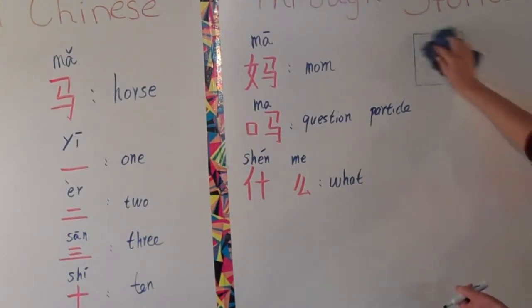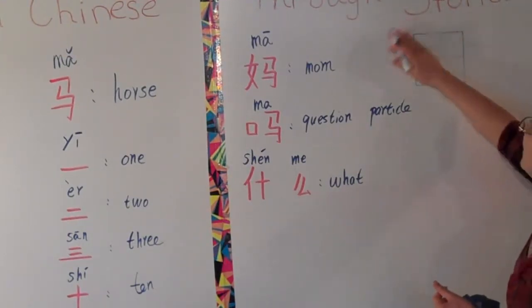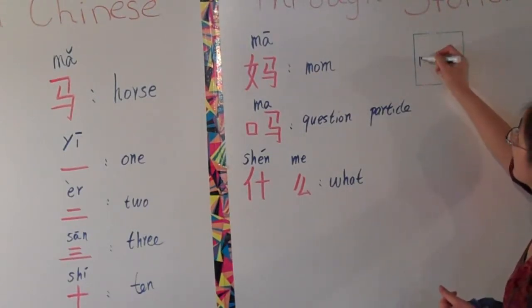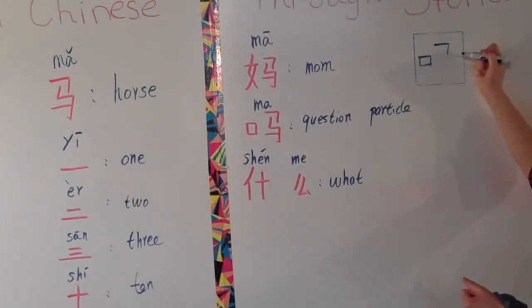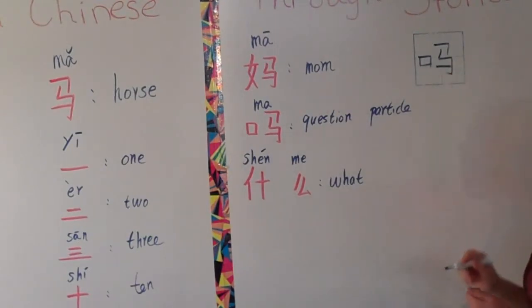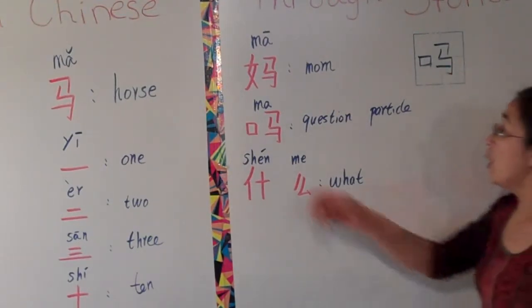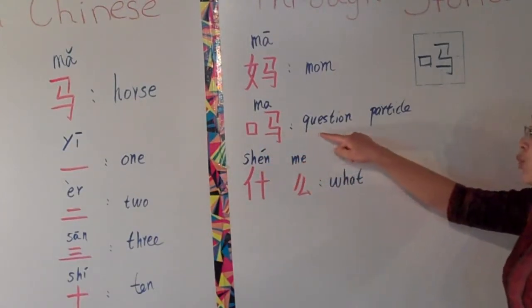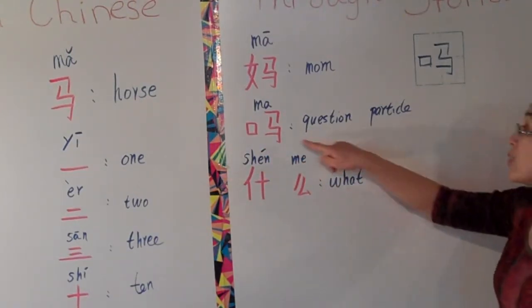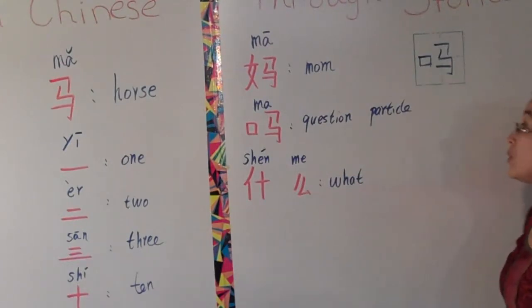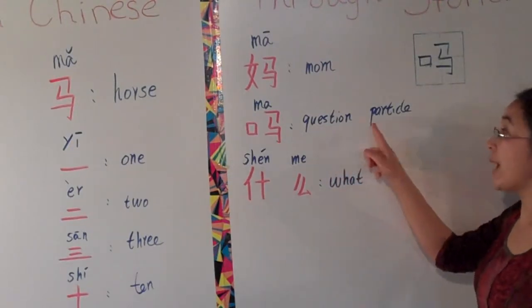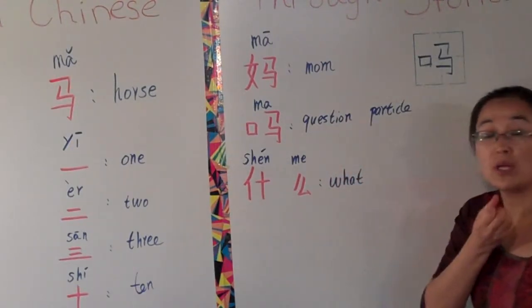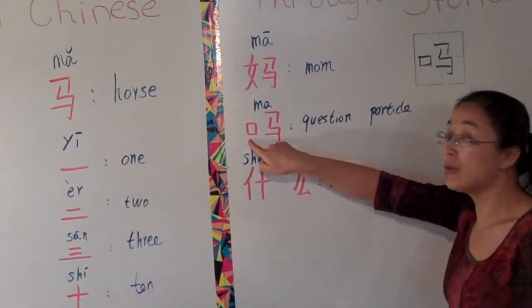Let's write this again. We put the mouth here, and then the horse, the head, the body, and the legs. This one, 吗, means question particle. We use this one to ask questions. When you ask questions, you need your mouth, so it has a mouth radical there.